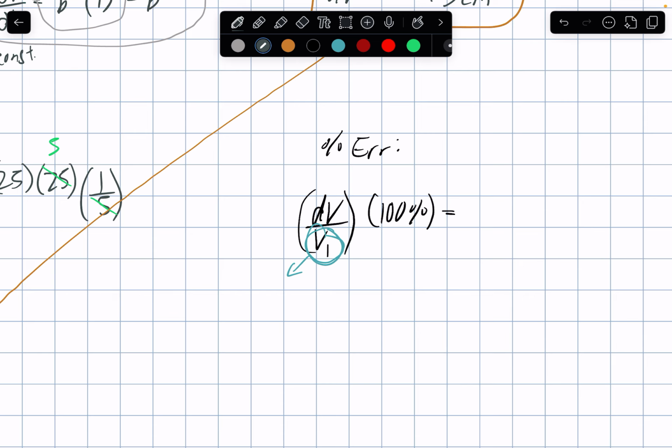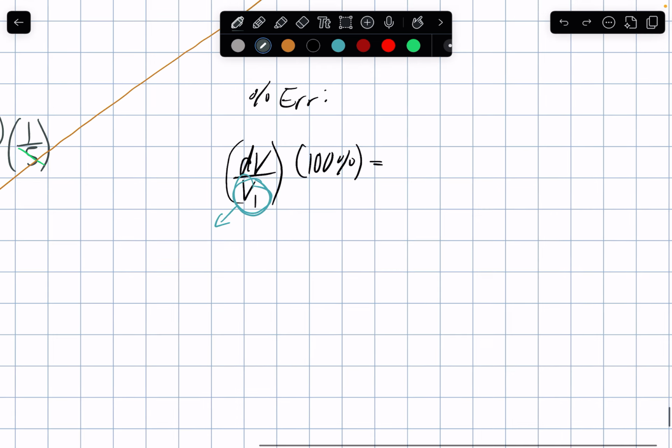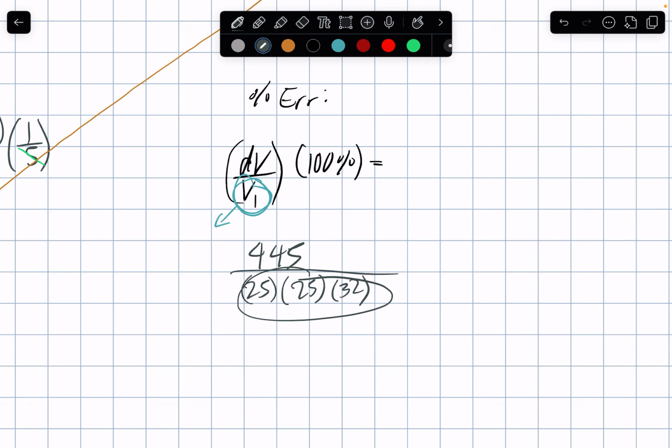So yeah, the approximated box volume divided by it times 100 is the percent error. So dV is 445, right? And V1, so 25 times 25 times 32, coming from the formula B squared times height, and then times 100.